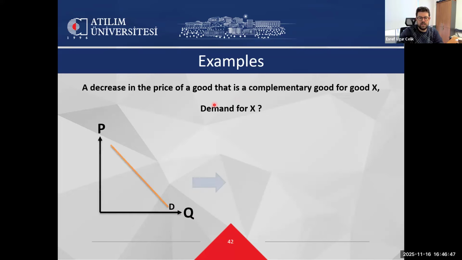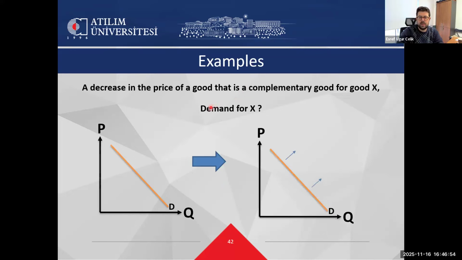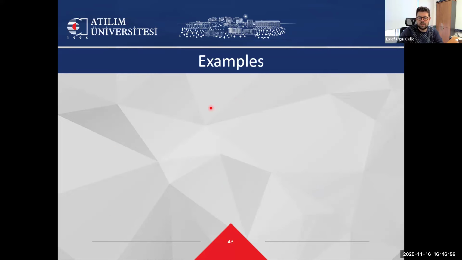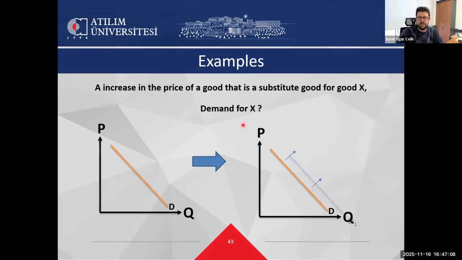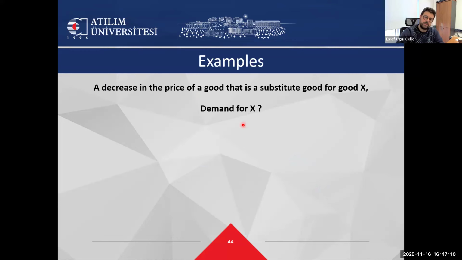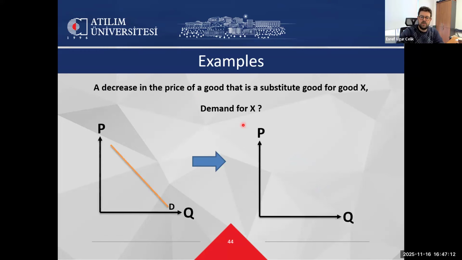And vice versa. A decrease in the price of a complementary good means an increase in demand, so the demand curve is shifting to the right. For substitute goods, an increase in price has the same direction relation, so the demand curve is shifting to the right. And vice versa.